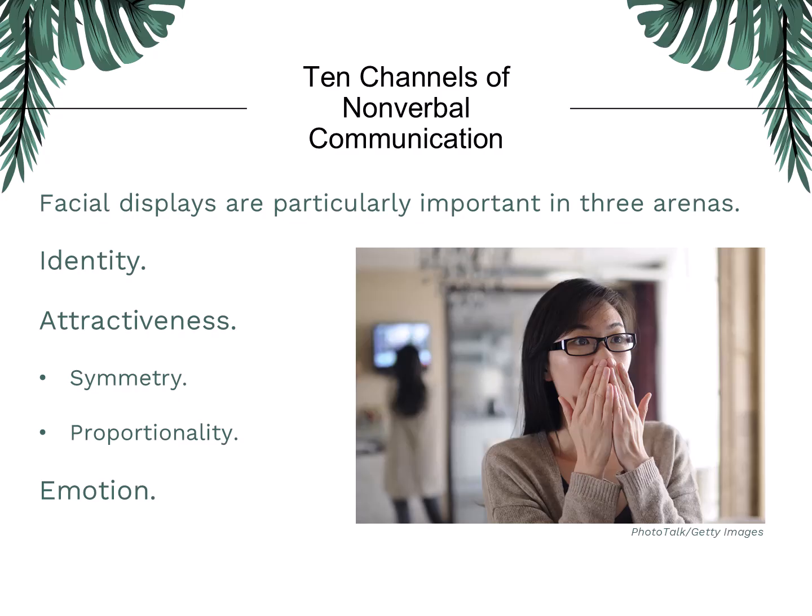Symmetry is if your face is equal or similar from left to right, whereas proportionality is the size of your facial features relative to one another, or the size of your head in proportion to your body. So your face plays a major role in attractiveness. There's vanity in nonverbal communication in this way.